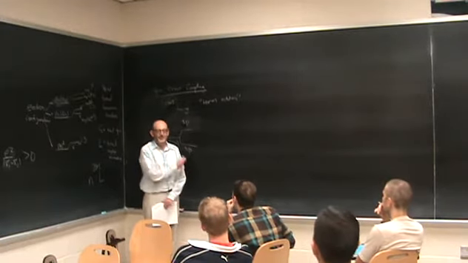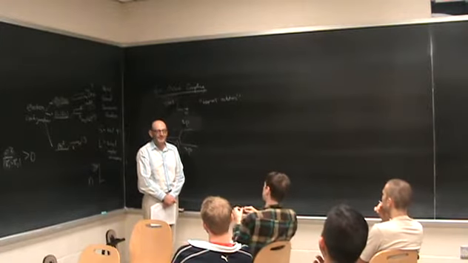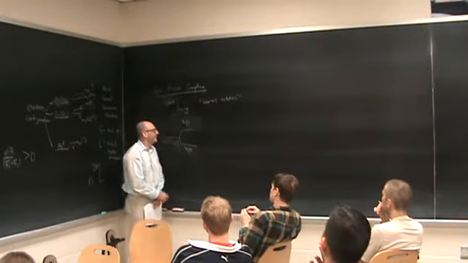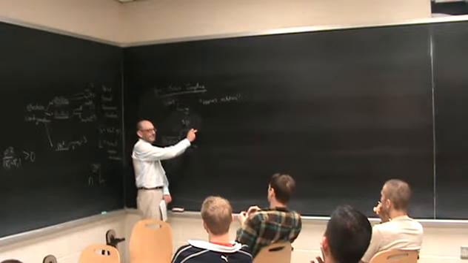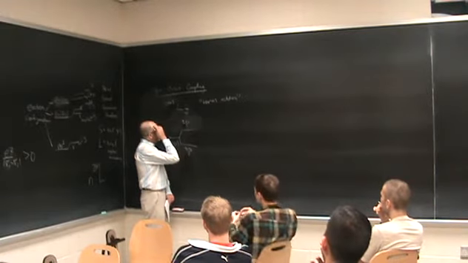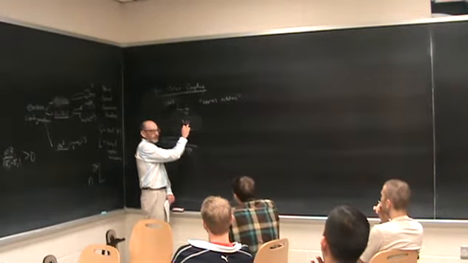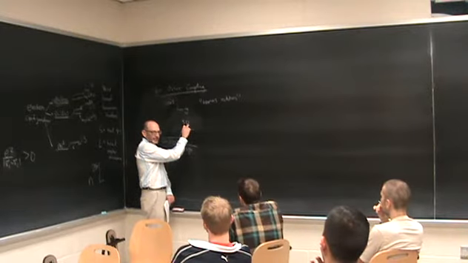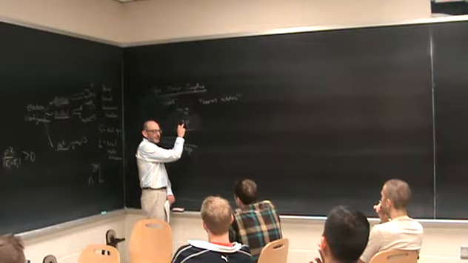So now I ask you, with this crazy notation, what are the possible values of J here? So let's see. This is L equals 1. And this is S equals 0. Right?